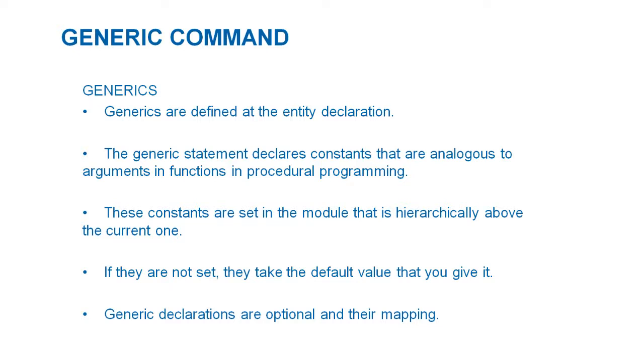And if the values of this generic are not set at the higher level, then the default value, if one is provided in the entity that defines them, will be taken. If not, 0 will be taken. Generics declarations are optional, and their port mappings are also optional.